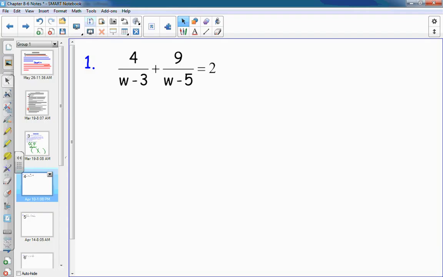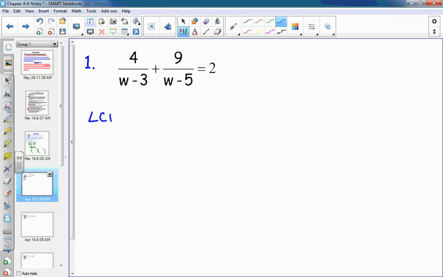First thing I want you to do is ask yourself, what is my LCD? Well, before I can do that, I have to make sure that each denominator is factored completely. So my first denominator is w minus 3. Is that factored completely? Yes, it is. Is the next denominator of w minus 5 factored completely? Yes, it is. So I'm going to go ahead and find my LCD.